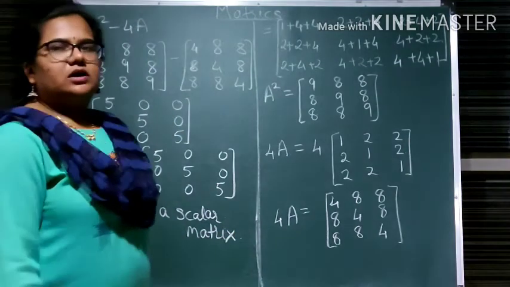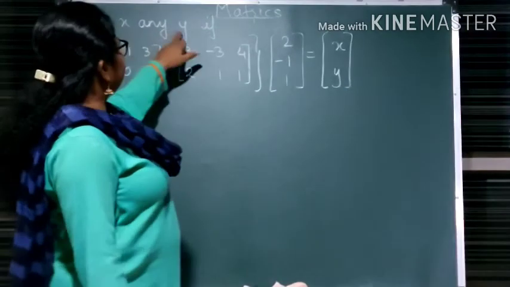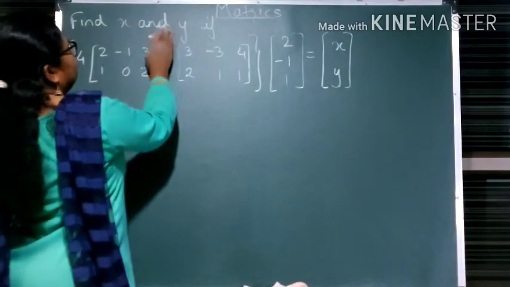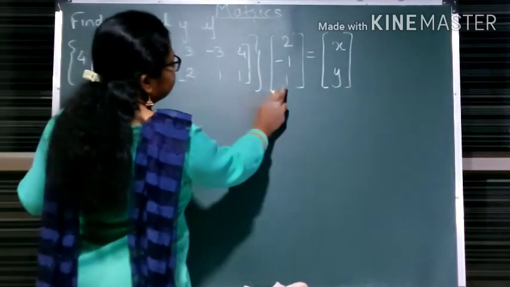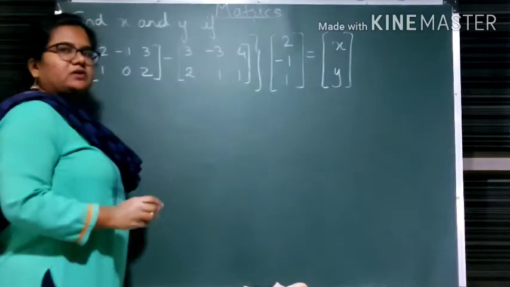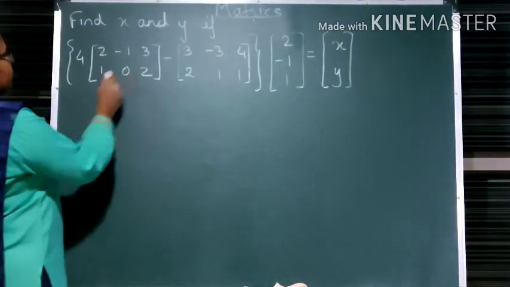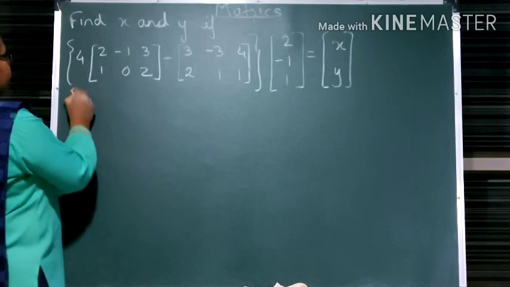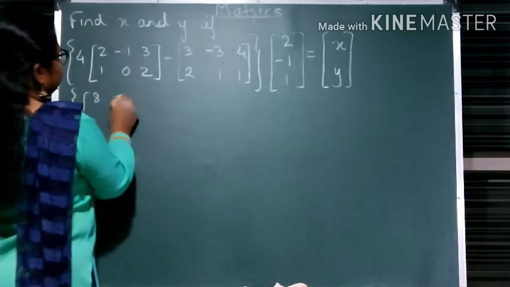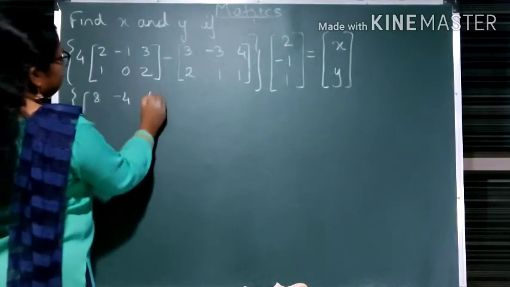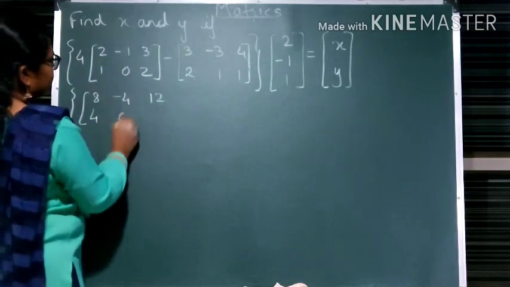Okay, understood? The next example, find x and y. If 4 into this matrix minus this matrix into this matrix is equivalent to the x, y matrix. Okay. So first we will start solving this bracket. 4 into this we will find out first. 4 2s are 8. 4 into minus 1 is minus 4. 4 3s are 12. 4 into 1 is 4. 4 into 0 is 0.